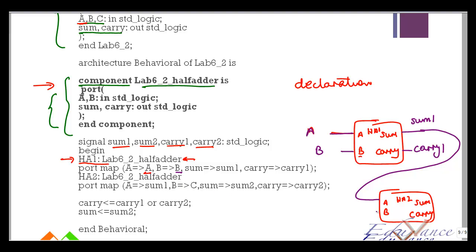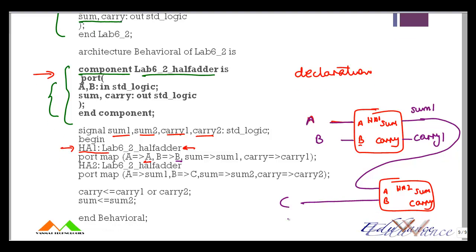The B input is connected to the C of my full adder, so this would be C. The sum of my second half adder is connected to the signal sum2, and the carry of my second half adder is connected to carry2. Well, this is just the port mapping.